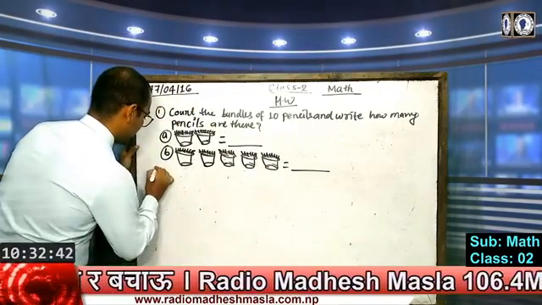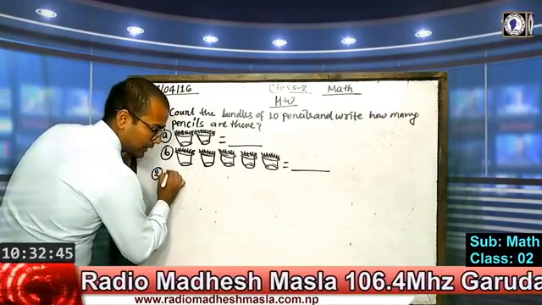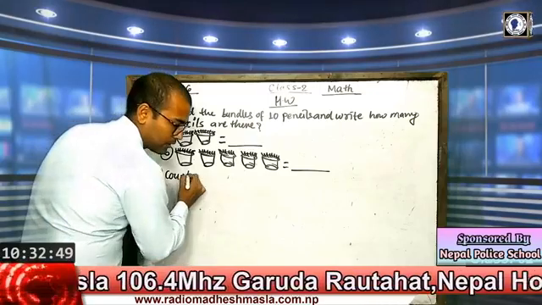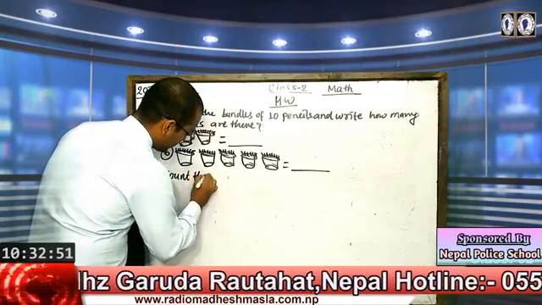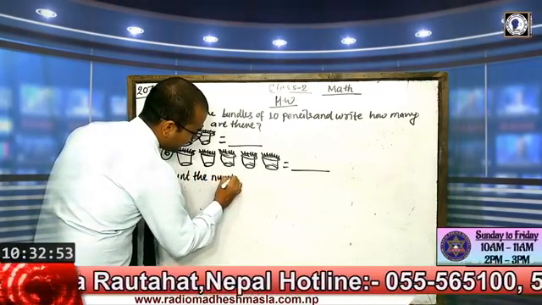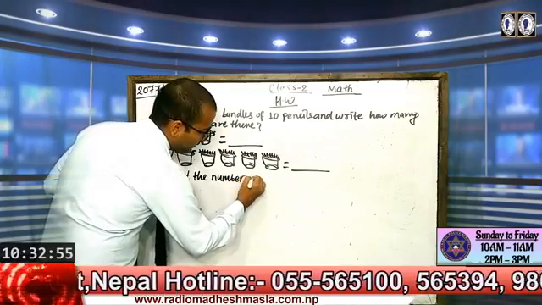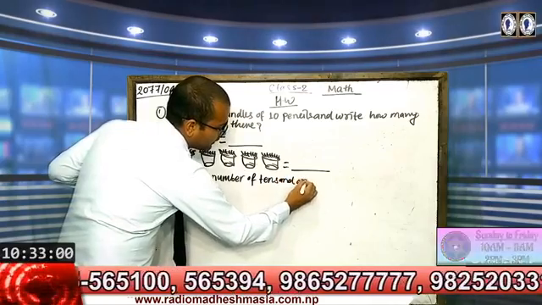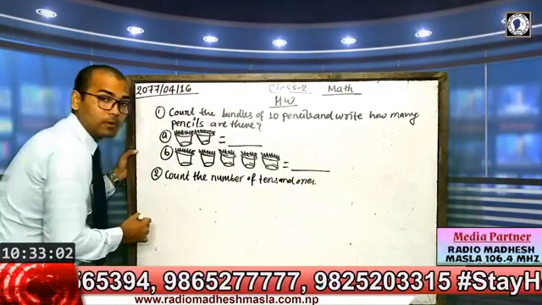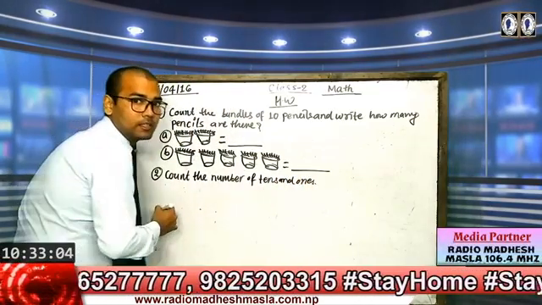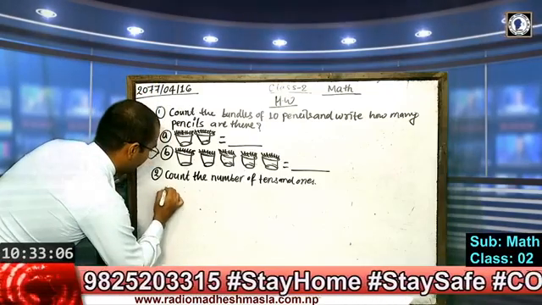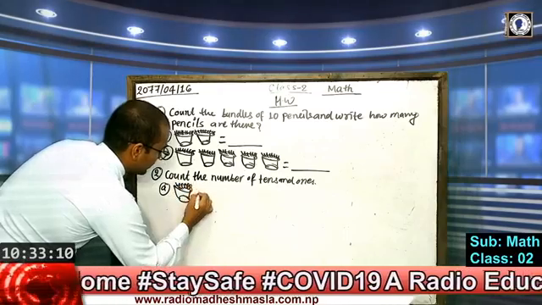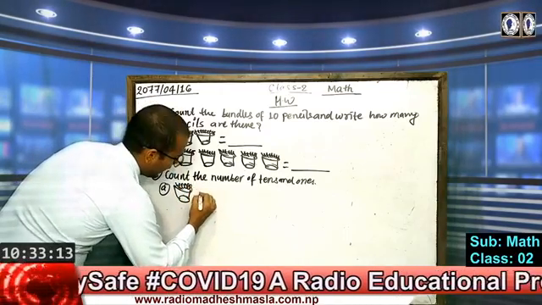Question number 2 is, count the number of tens and ones. For that, in question number A you have 1 bunch and 1 2.